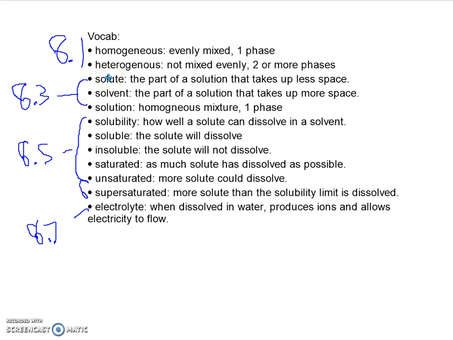Like if you remember solute is the part that takes up less space than solvent, you can probably remember solvent is the one that takes up more. So they kind of go together. Little trick here, solute has 6 letters, and that's less than 7 in solvent, which is why solute is the one that takes up less, because it has less letters.